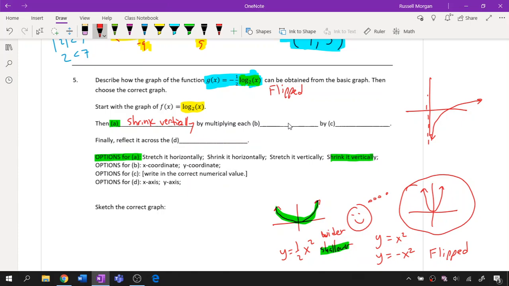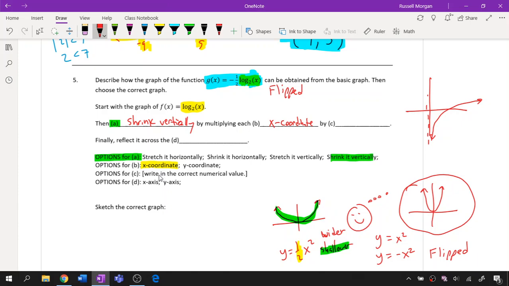And what is it? It says by multiplying each, what? Each we either have to say x or y coordinate. Now, technically, look at this 1/2. This 1/2 is actually multiplying with the x. It's going to multiply each x coordinate, and so that's going to result in a smaller y value.